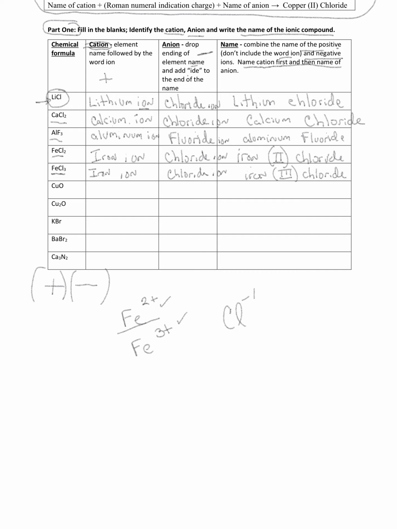So what you see for this next one is that the first cation is still iron ion, and then the next one's chloride ion. But when we write down the full name, iron, we're using a +3 charge, because there's 3 chloride ions. So that's 3 negative charges. They have to be balanced by the +3 of the iron.